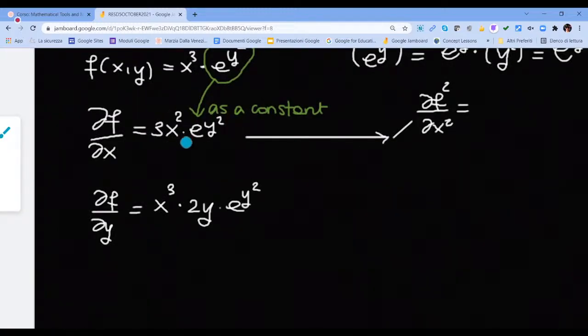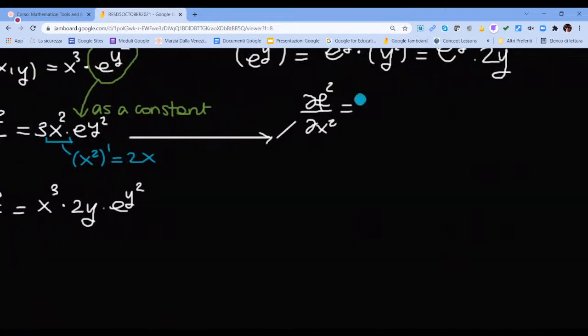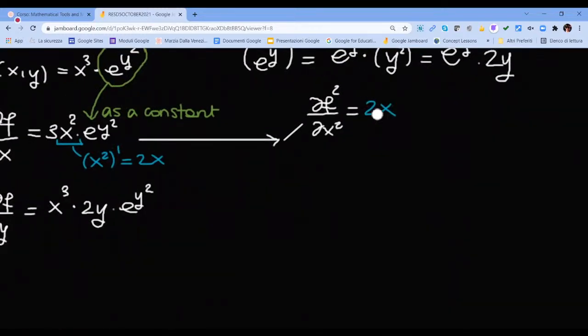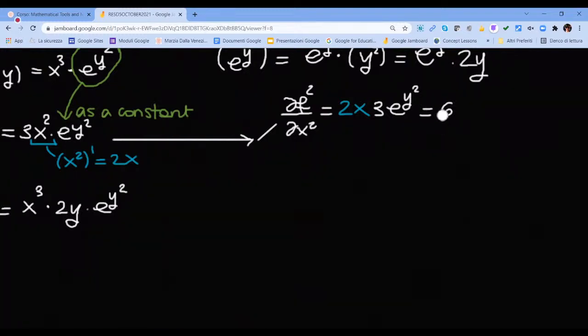In this case, we consider this piece, and the derivative will be 3x squared, and then we write 2x times everything else. So we can compute the result of 2 by 3, 6x e to the y squared.